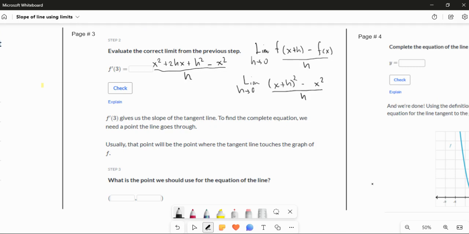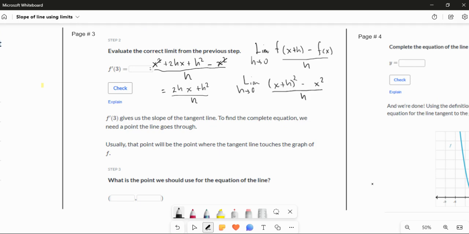Remember, this is the limit of all this same limit. I know the x squared cancels with this x squared, so this 2hx plus h squared, all this divided by h.